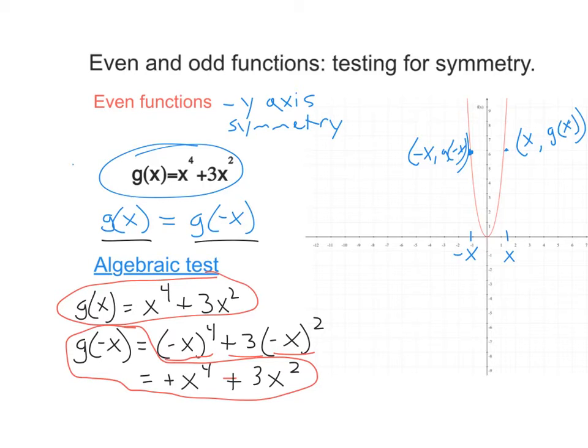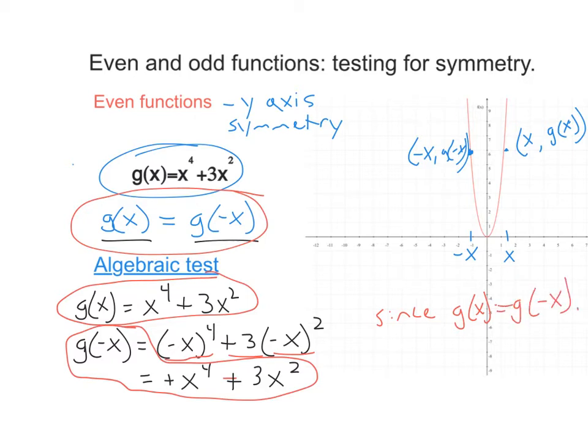They are, so therefore g of x is equal to g of negative x, and since g of x is equal to g of negative x, then it is an even function with y-axis symmetry.